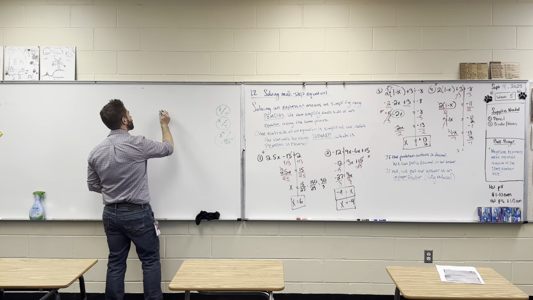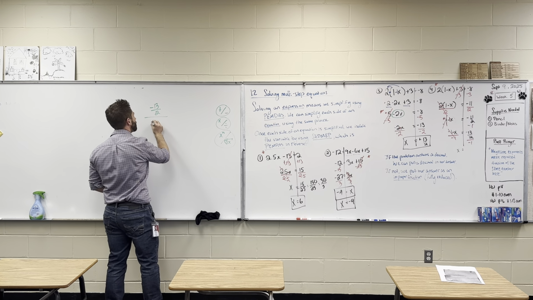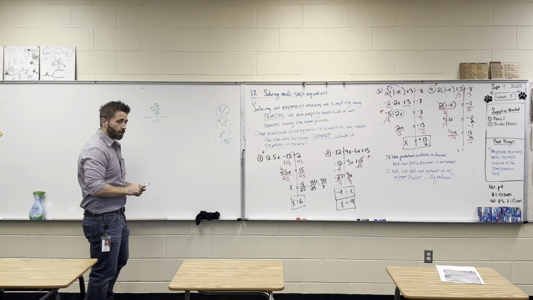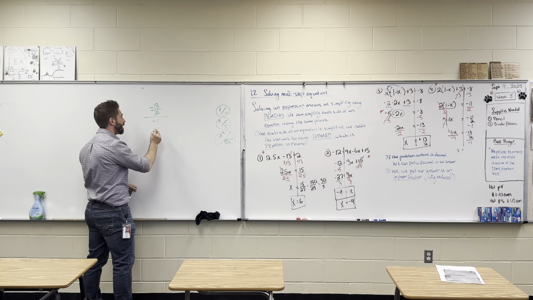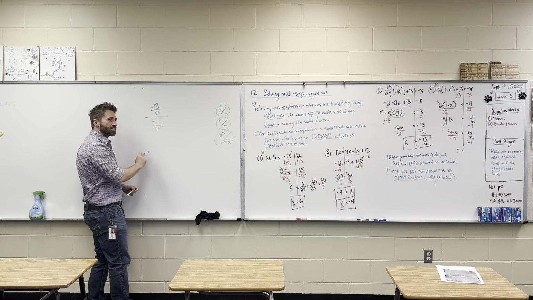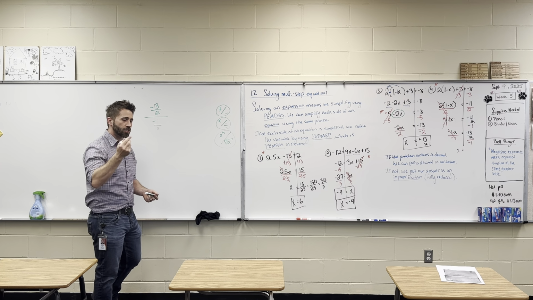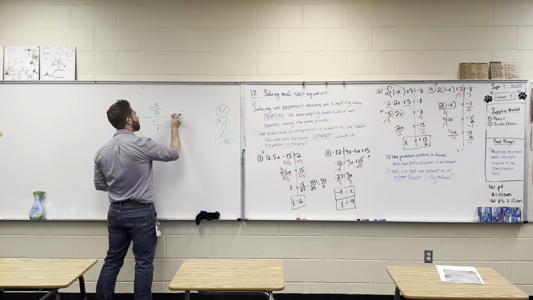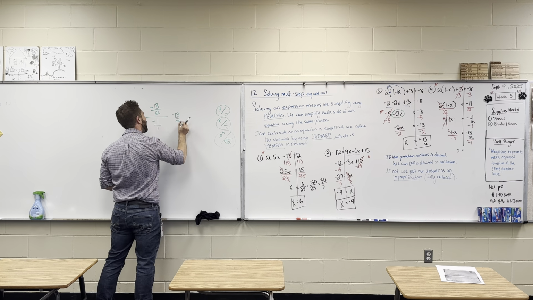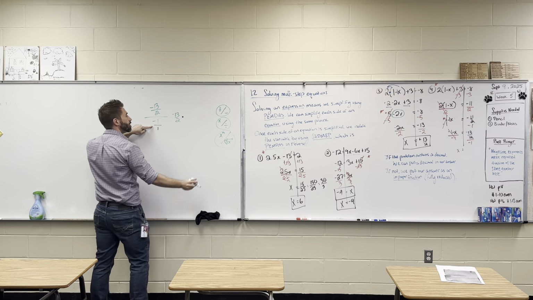I have negative 13 over 2, all divided by negative 1. Well, in order to divide a fraction by something else, I have to make that number also a fraction. And then if I divide fractions, what 3-letter word do we use? KCF, keep, change, flip. Keep the first one, negative 13 halves, change that to multiplication, and then flip the second fraction.